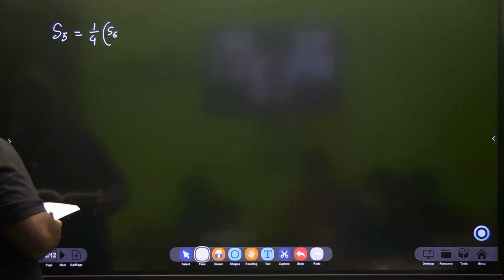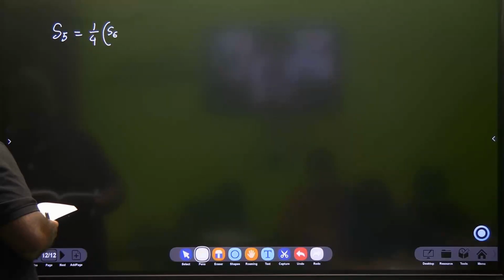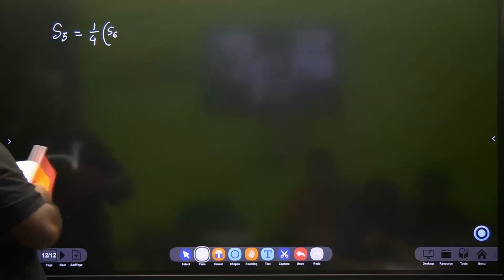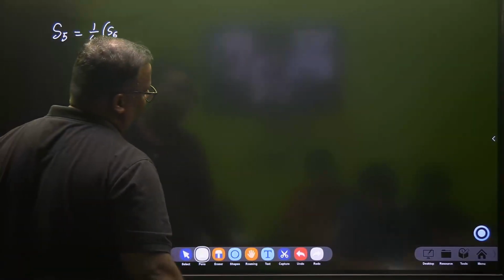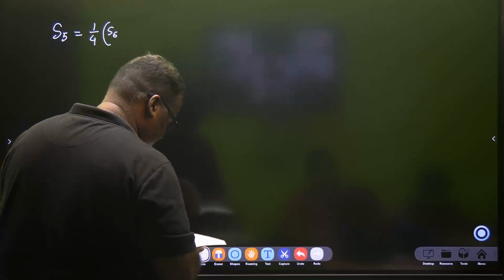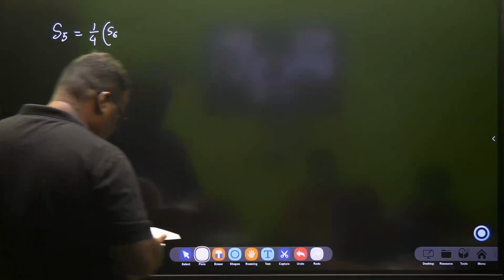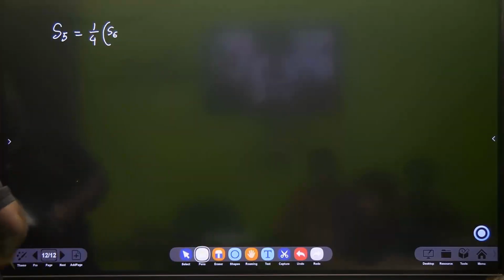D will be negative, yeah. It will not be -1, it will be -6.